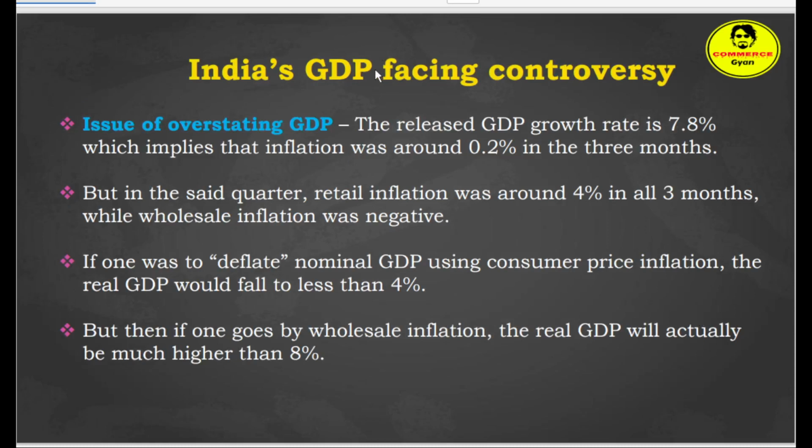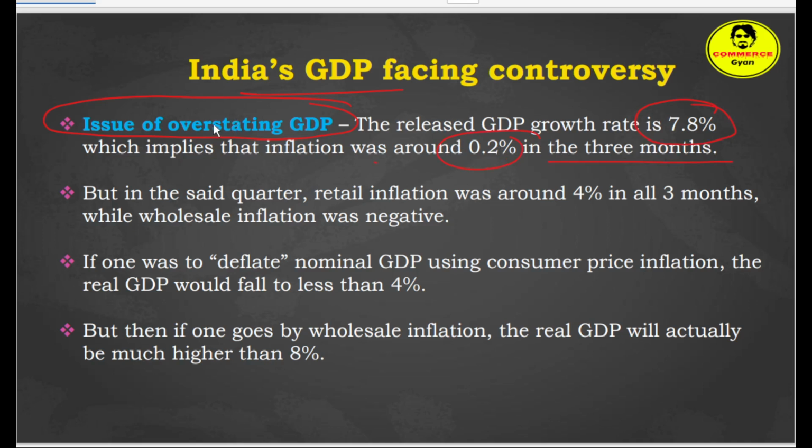Now, what is the controversy related to GDP? First is the issue of overstating GDP, as we have discussed earlier. The release of the GDP growth rate is 7.8%, which implies that inflation was around 0.2% in the 3 months, right?